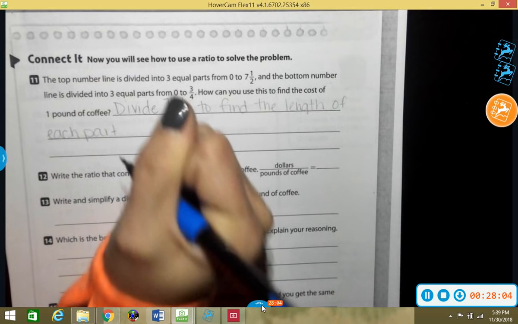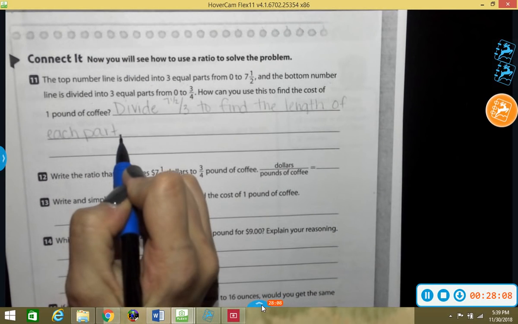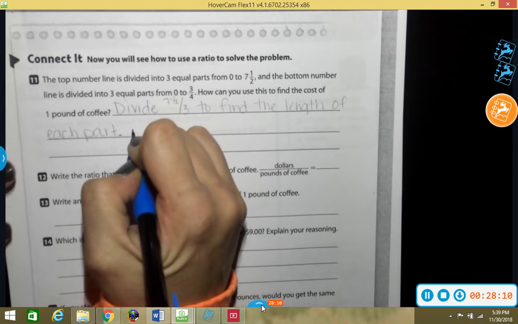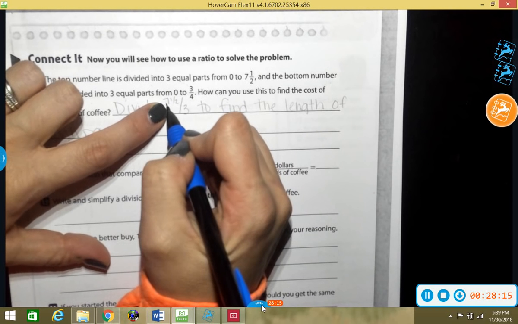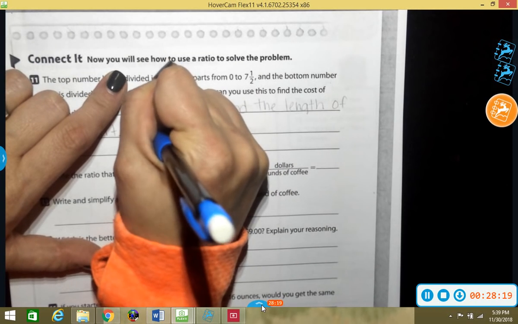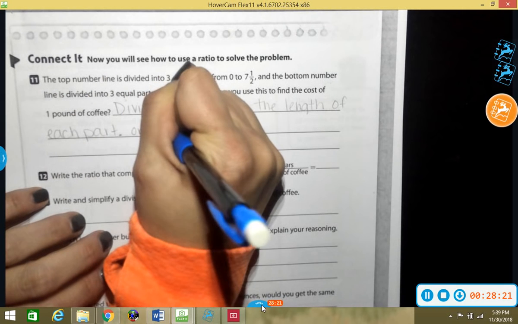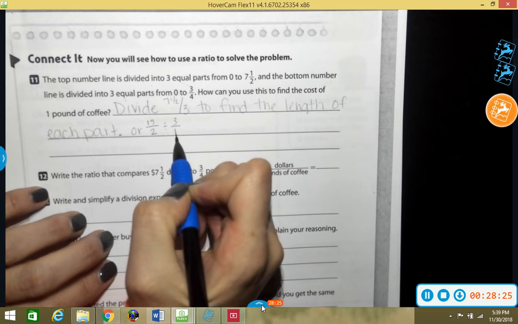So each little fourth, we found out what it was by dividing 7.5 by 3. Or 7.5: 2 times 7 is 14, plus 1 is 15. So 15 halves divided by, make 3 into a fraction, so 3/1.